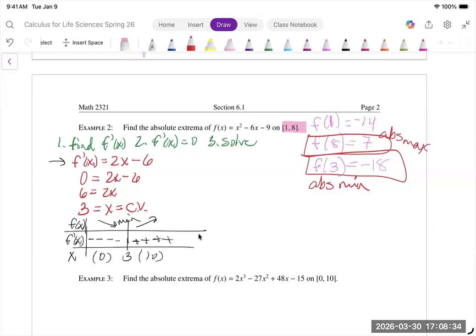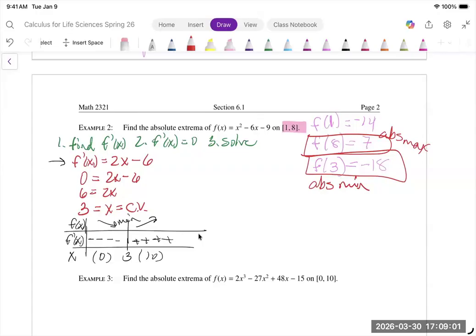Looks like this. 0, 0 would be our critical value, and that's our min. So that's what the critical point theorem says. This is a quadratic. It is continuous on an interval. So unless I add endpoints, we have for sure a max or a min if I have a single critical value. Because then we just have the one. It's either the max or the min.